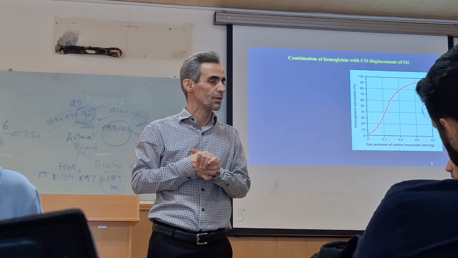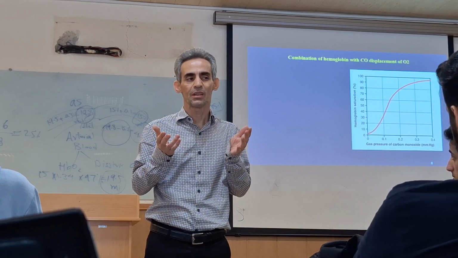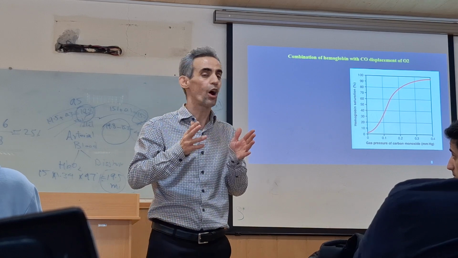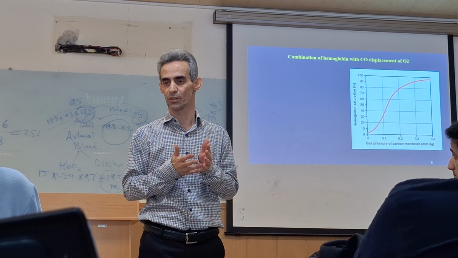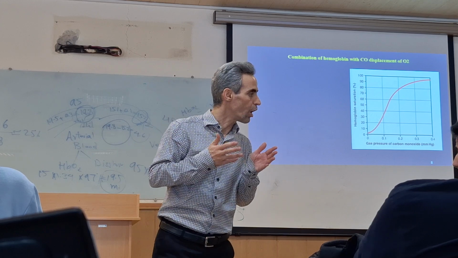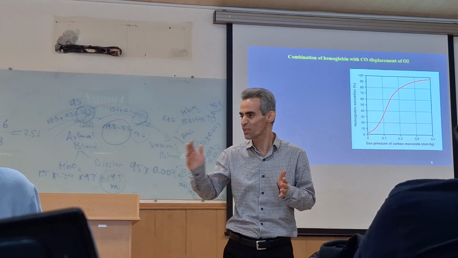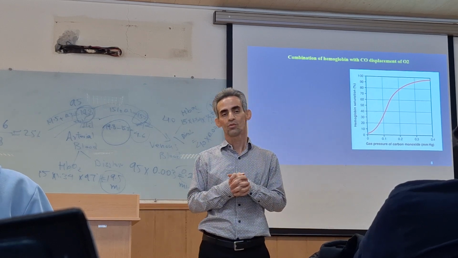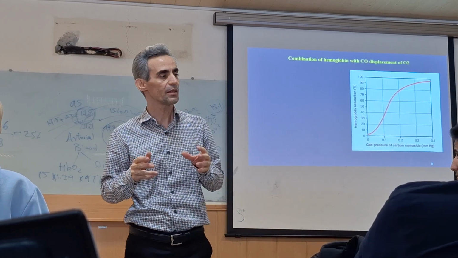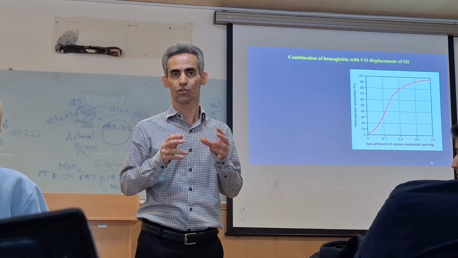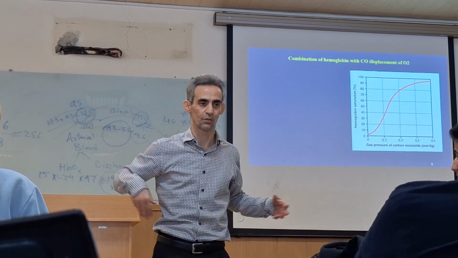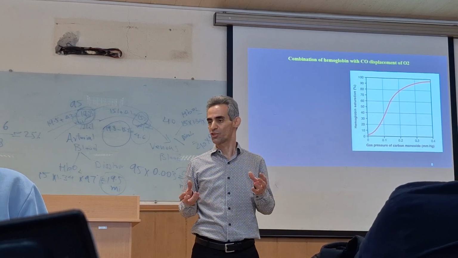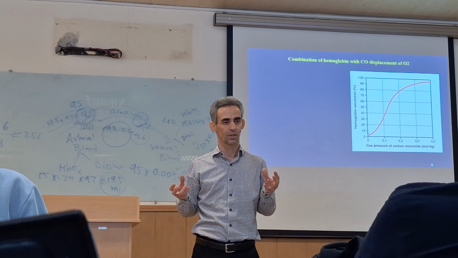And unfortunately, the affinity of hemoglobin for carbon monoxide is 250 times more than oxygen. But you should know that when the carbon monoxide concentration increases in our environment, what happens?